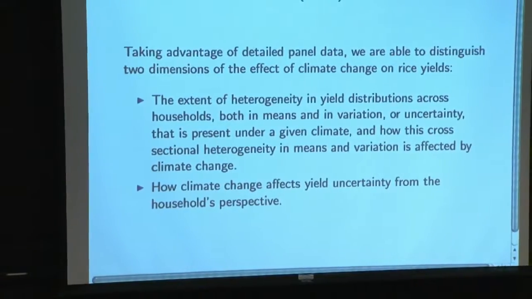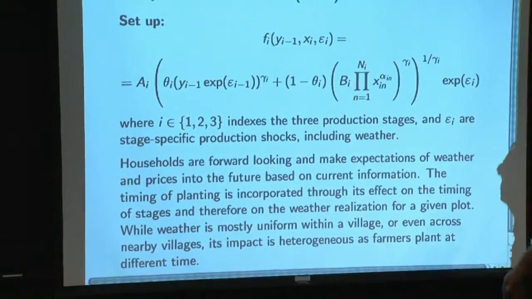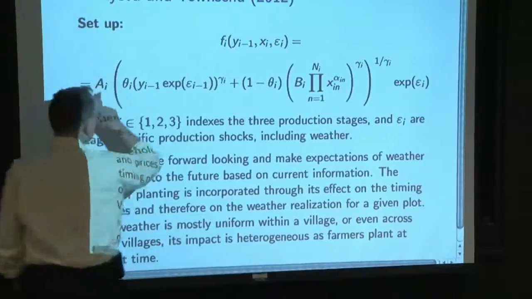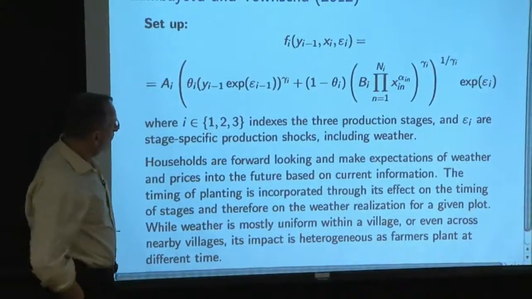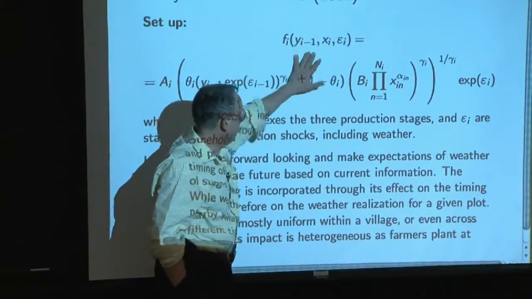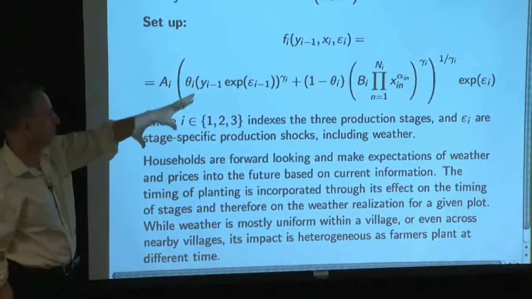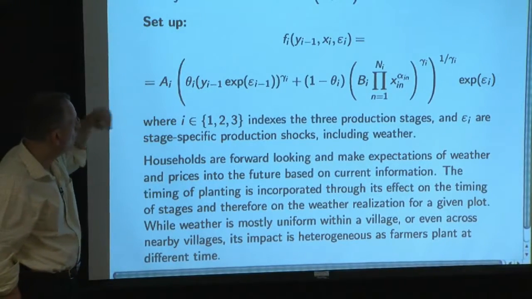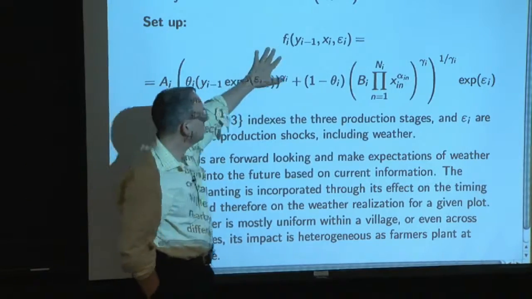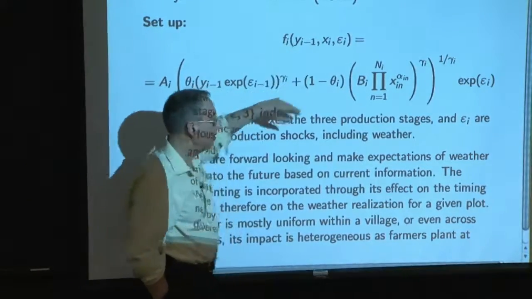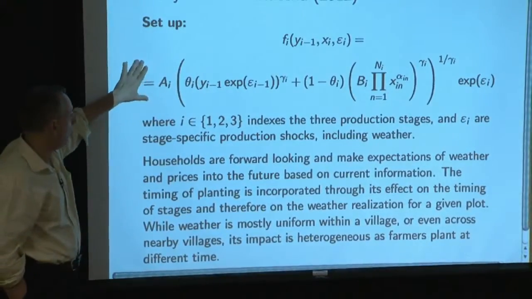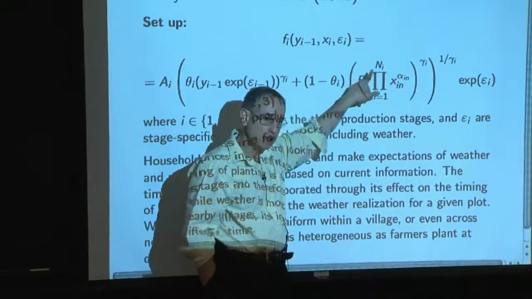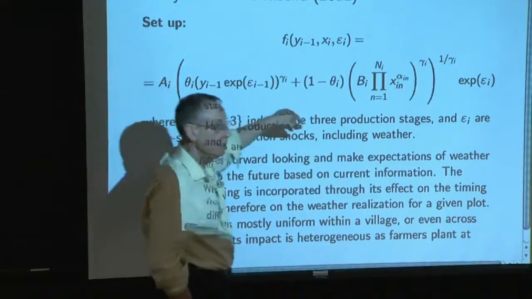I'm going to jump and just show you the notation. Here basically is stage i, with predecessor stages i minus 1, and it's going to be looking forward at future stages if you're not at the last one. If you're at the last one, this would be the harvest. That's the easiest thing to think about. If you're in the next to last one, the output is basically the condition of the crop prior to harvest. And what influences that?